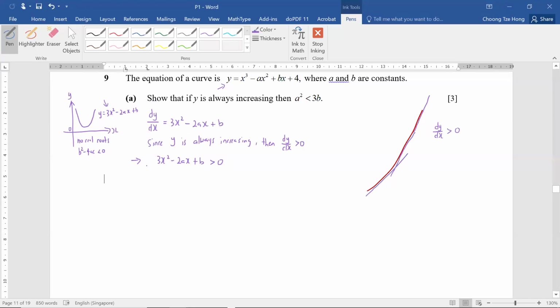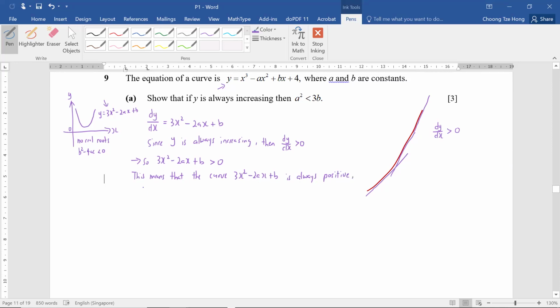So 3x squared minus 2ax plus b is greater than 0. This means that the expression 3x squared minus 2ax plus b is always positive, which means it's always above the x-axis.